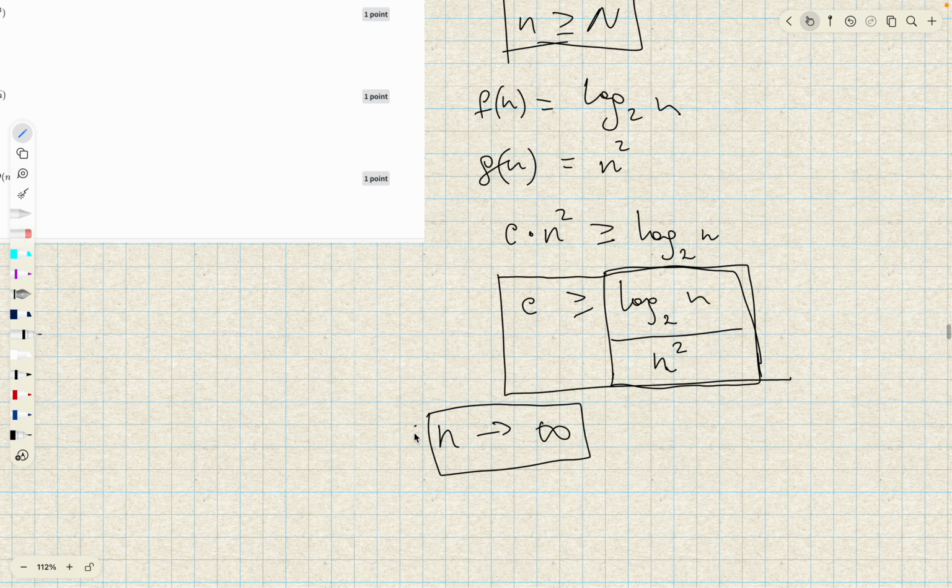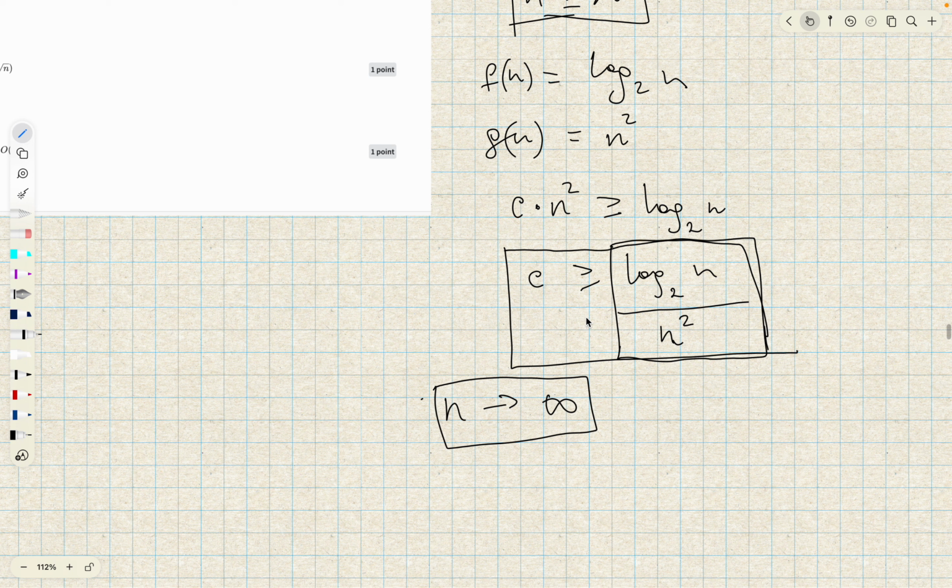Why does n go to infinity? Because we're interested in whether, as we increase the input size, there will be a point where C becomes larger than this division, and after that point, it doesn't matter how much we increase the input size, C will stay the same and this inequality will hold true.